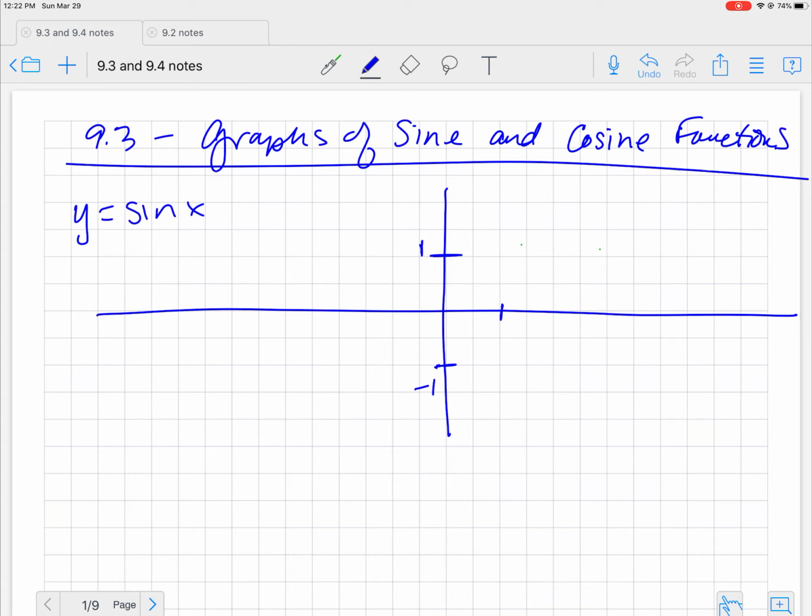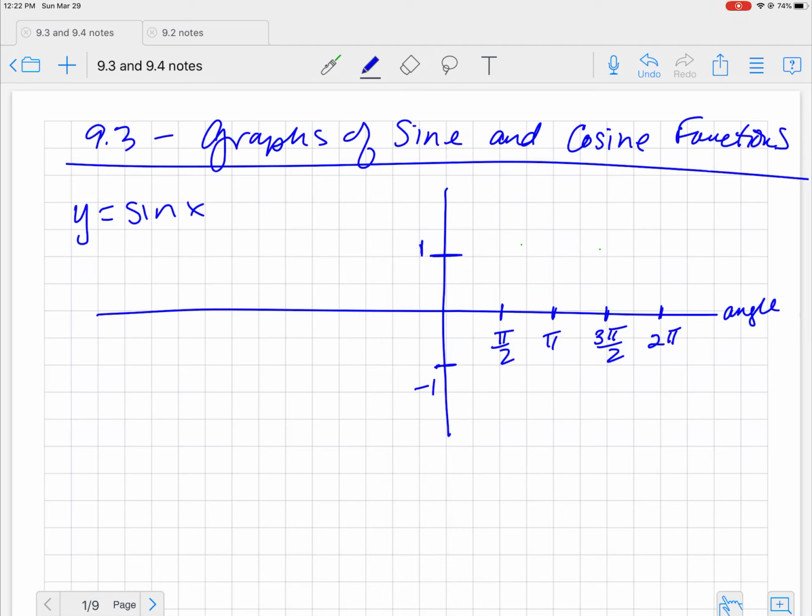A full period is one full loop around that unit circle. So whenever I set up my units here, I'm going to go with pi over 2, pi, 3 pi over 2, and 2 pi, just to give us an idea about what we're looking at.